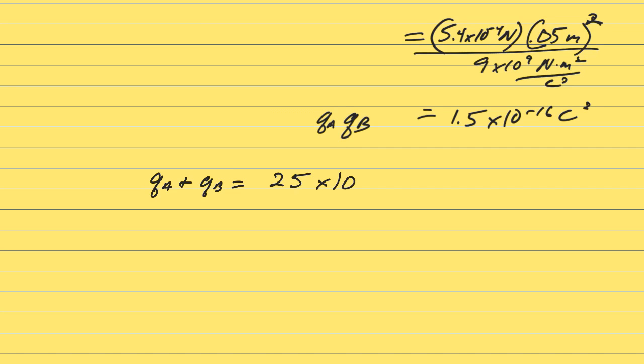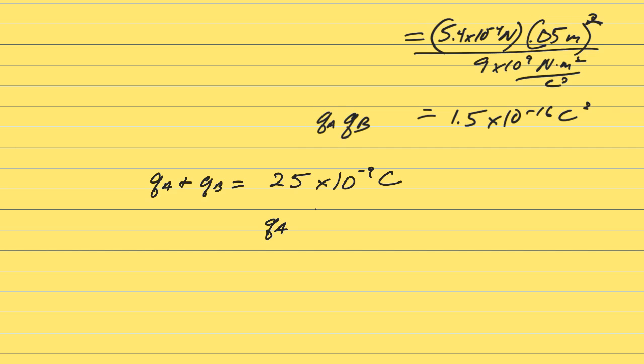Let's just turn that into coulombs right away: 25 times 10 to the negative 9th coulombs. And if I rearrange that equation, I'm going to be able to throw that into this.